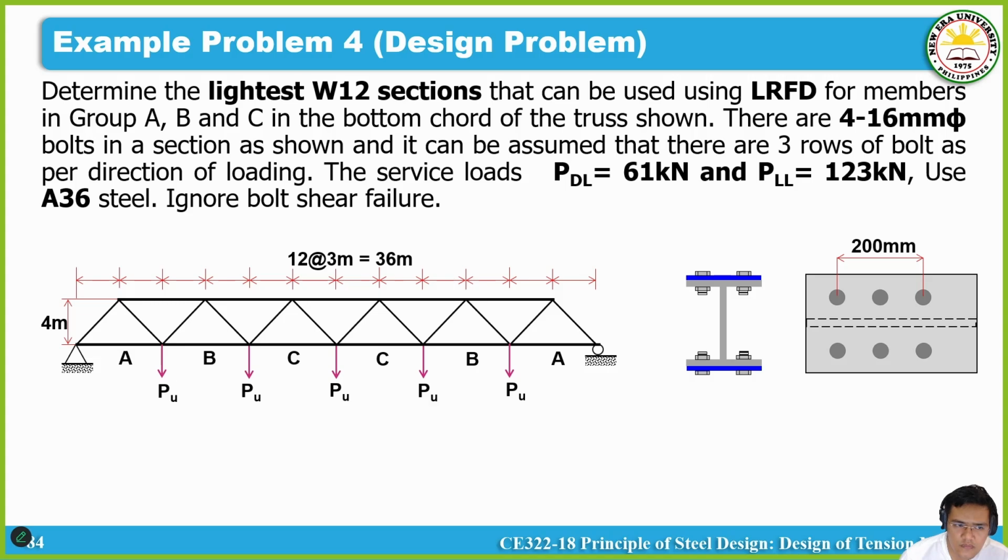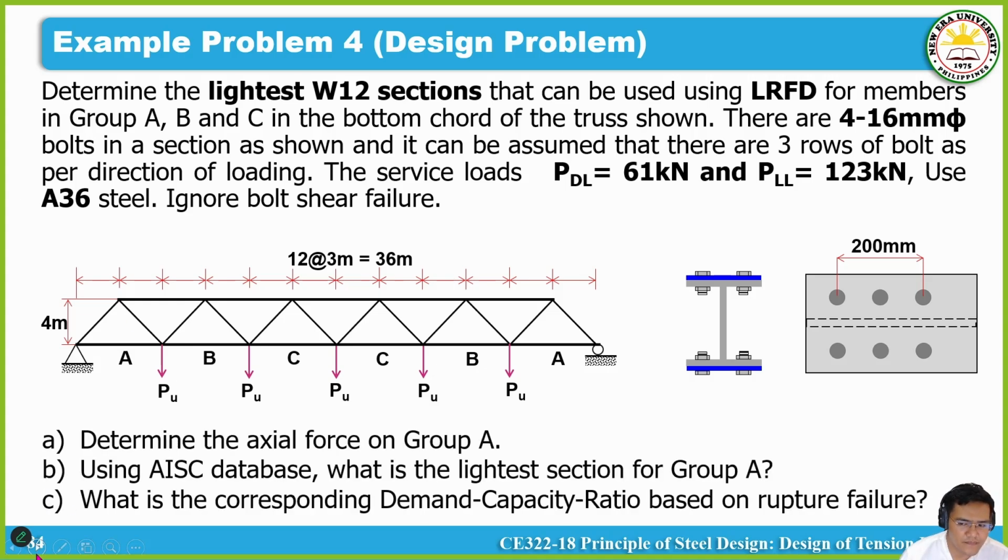Ignore the shear failure. A. Determine the actual force on group A. B. Using AISC database, what is the likeliest section for group A? C. What is the corresponding demand capacity ratio based on rupture failure?